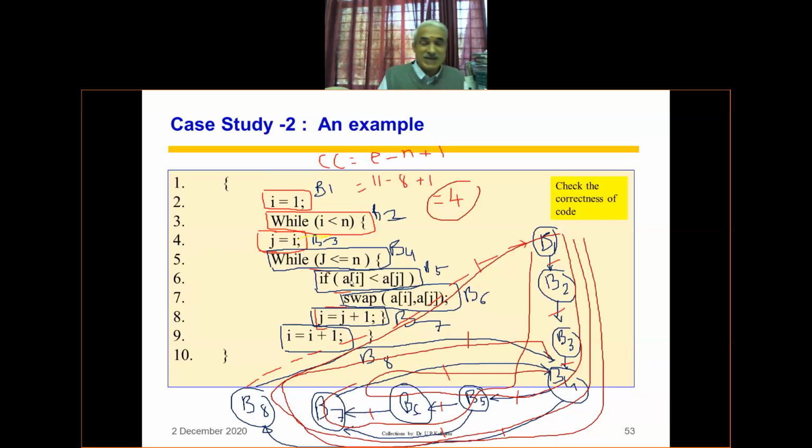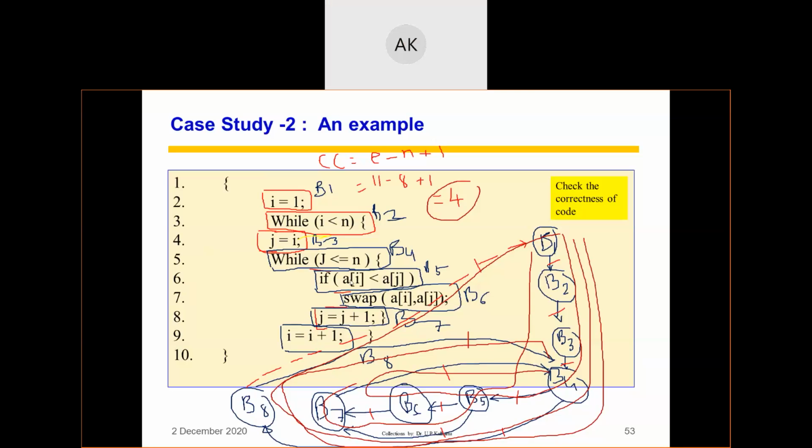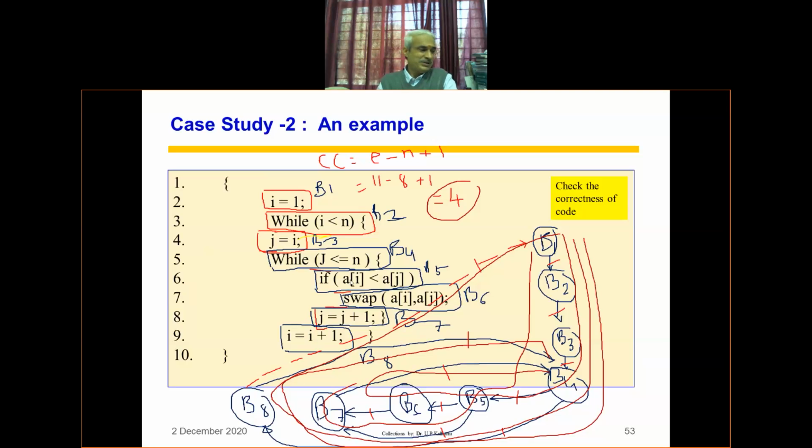McCabe says that it should be kept below 10, in the year 1976, when none of you were born. Am I right, Ashish? Yes, sir. But this is just a study.